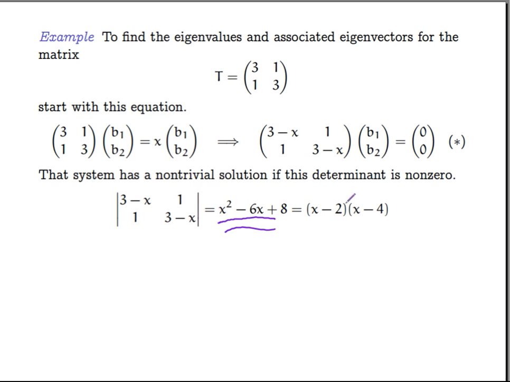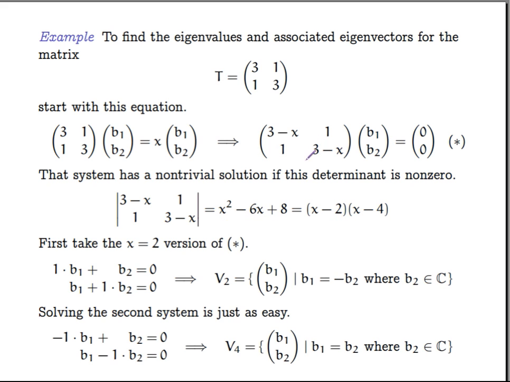Turns out that the first eigenvector is some constant times the solution like this. What this means is that, since B2 is equal to minus B1, I could choose B1 equal to 1. So here we have 1, minus 1, times any scalar multiple.